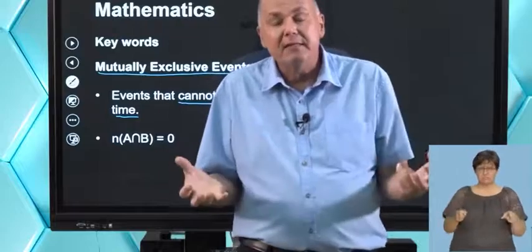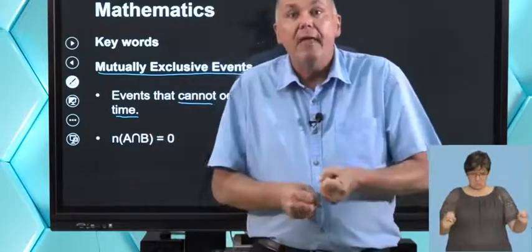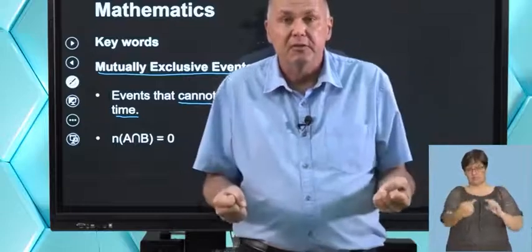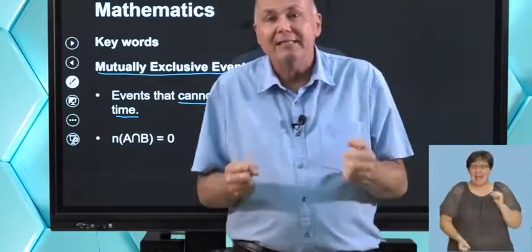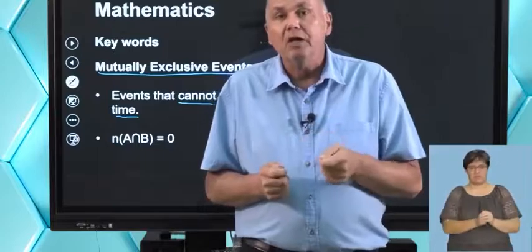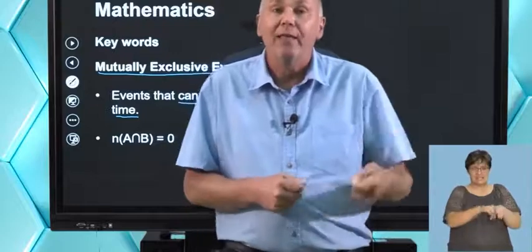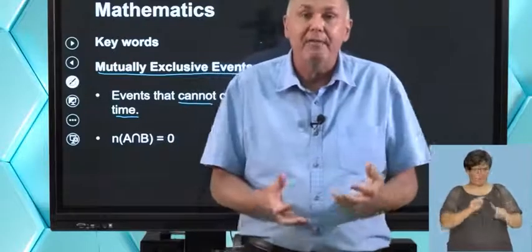If these events do not have anything in common, then they are mutually exclusive. So they can't take place at the same time. So for example, you can't put a sock on your foot at the same time as putting a shoe on that same foot. It can't happen at the same time.